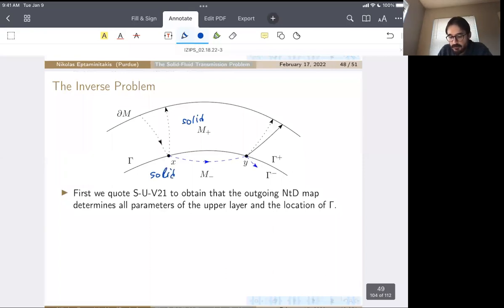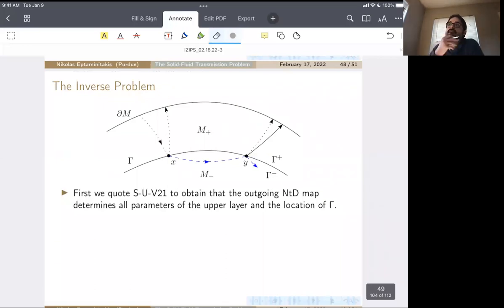But how you recover the materials in the solid doesn't actually interfere with what you have in the second layer. The way it goes, I believe, is you can recover the scattering relation, and then from the boundary rigidity result of the same authors, you can recover the wave speeds.